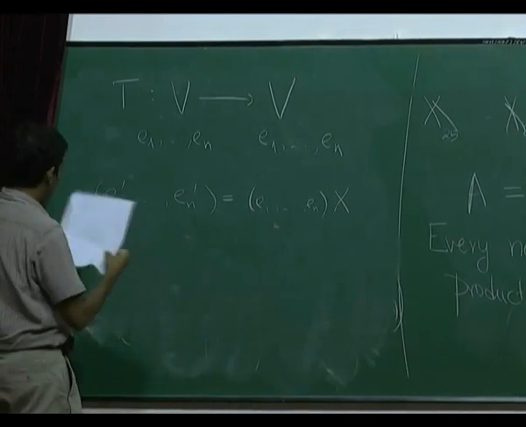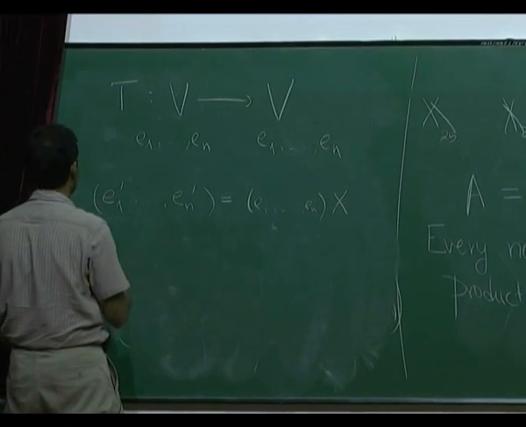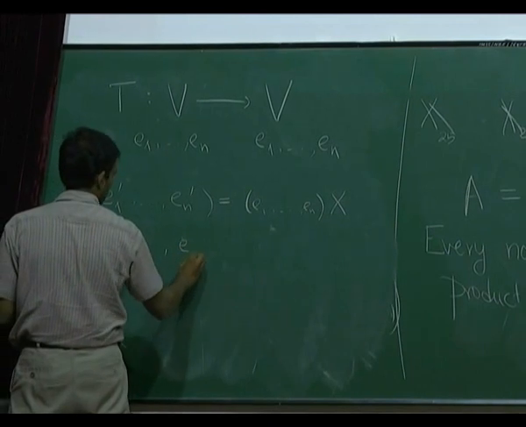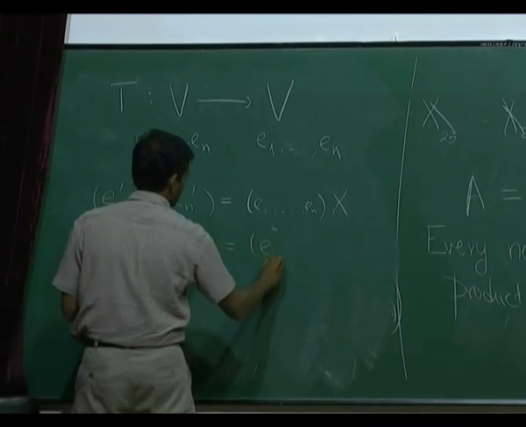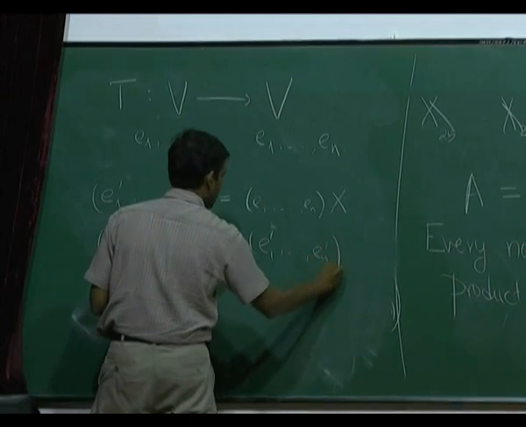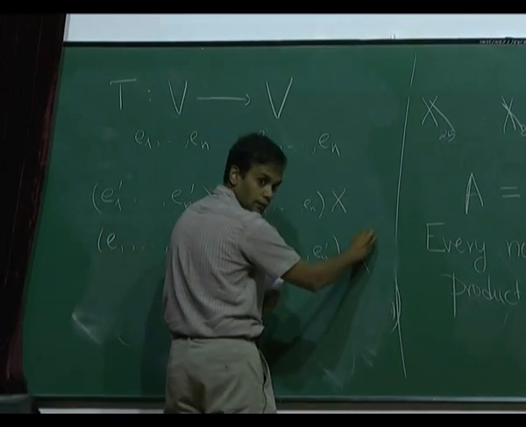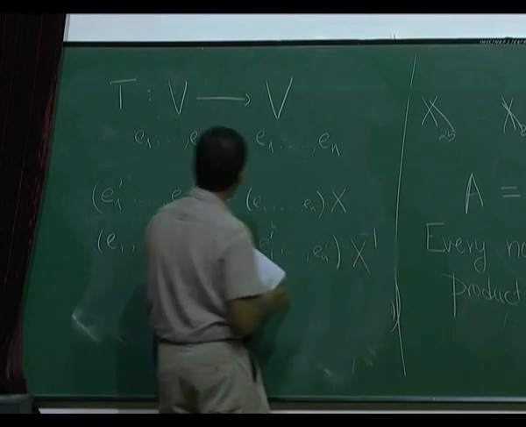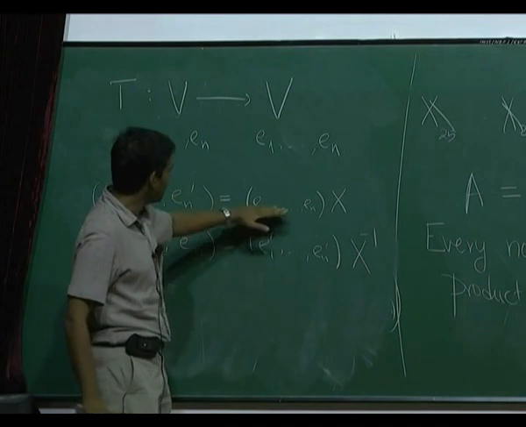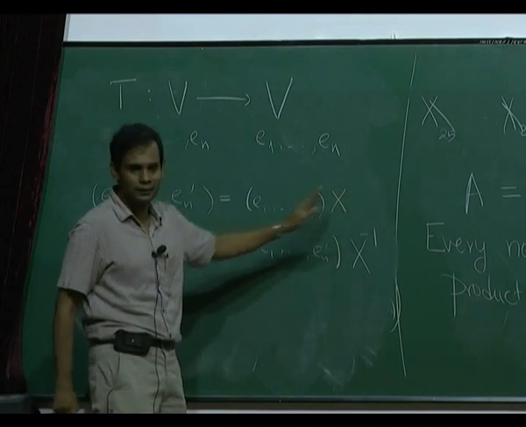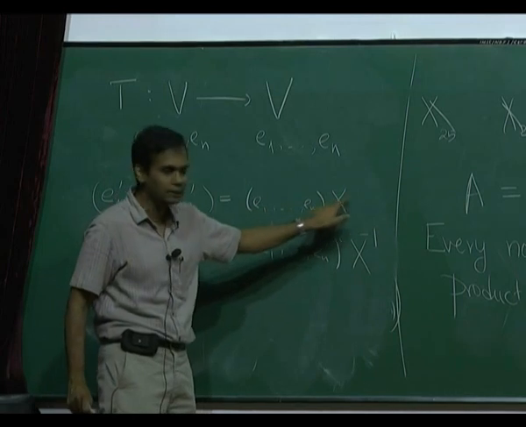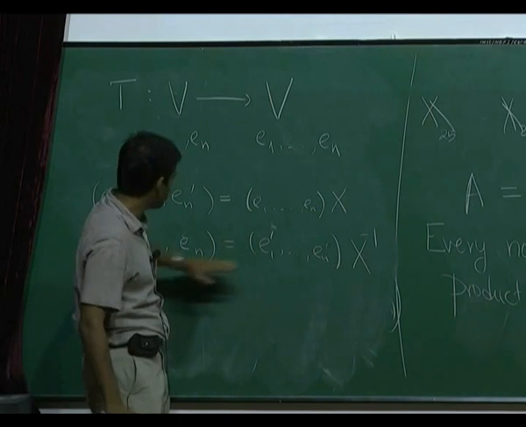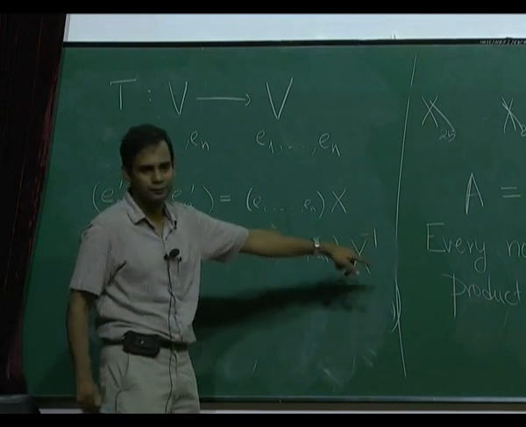Then I also have E1 En is E1 prime En prime times x inverse, right? Because you just take this identity and multiply it on the right by x inverse, then you will get here times x inverse, here times x inverse, which is identity. So to get back E1 En from E1 prime En prime, you need to do the inverse.